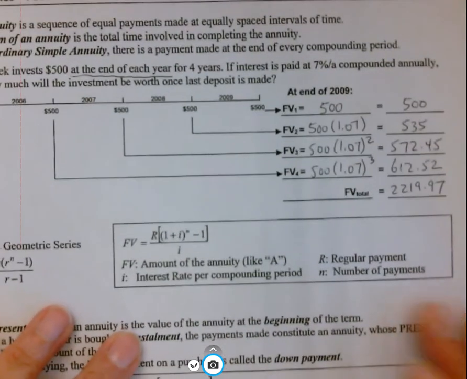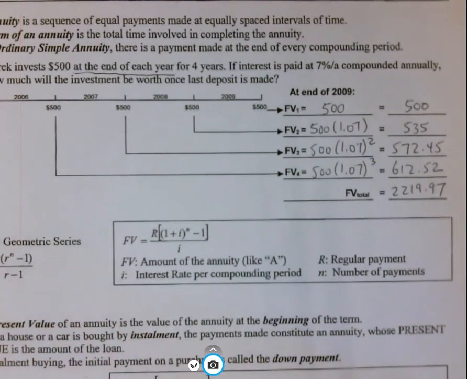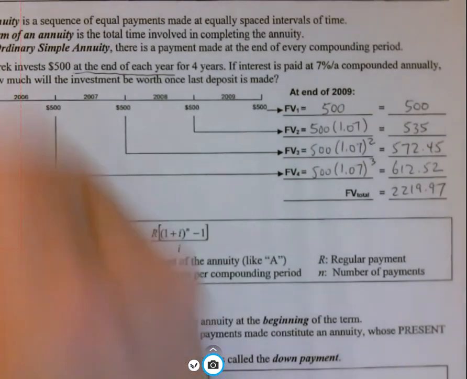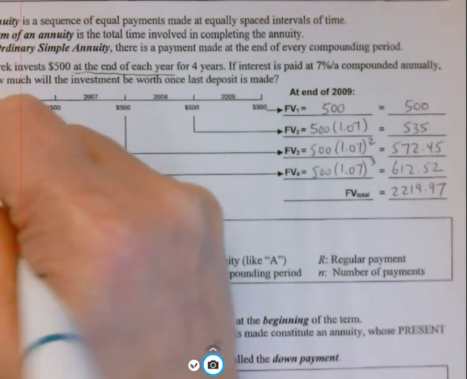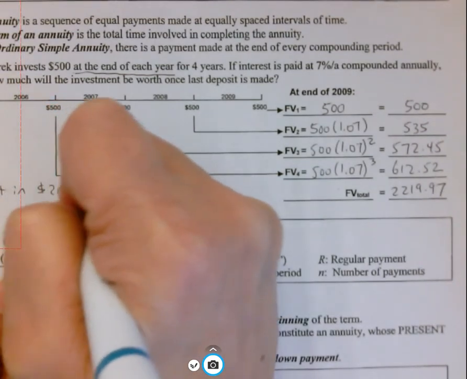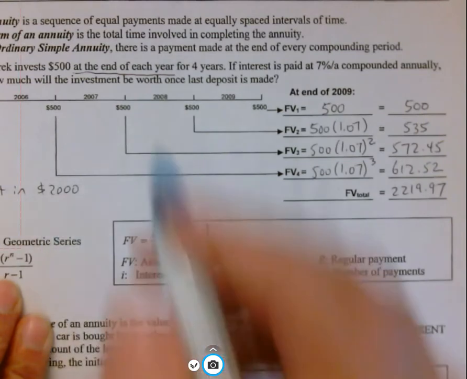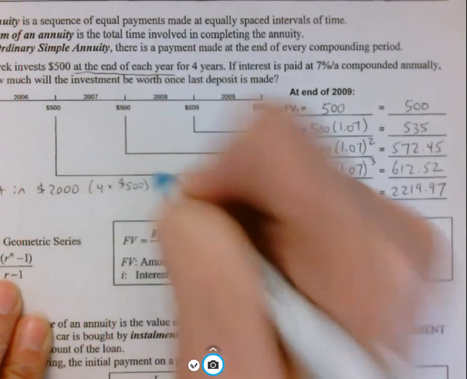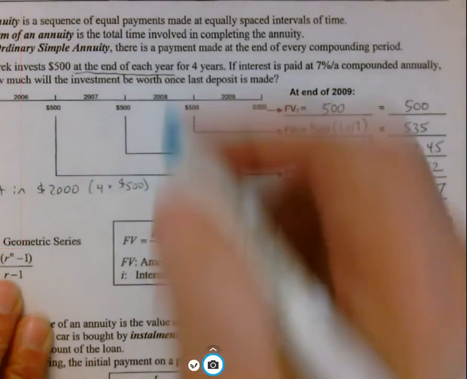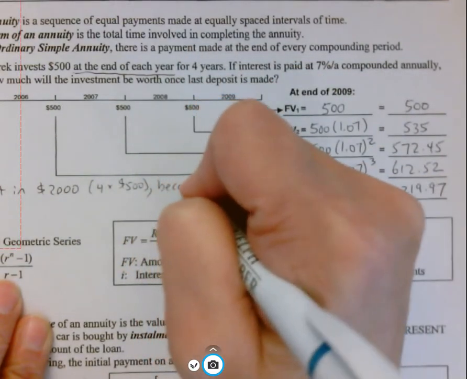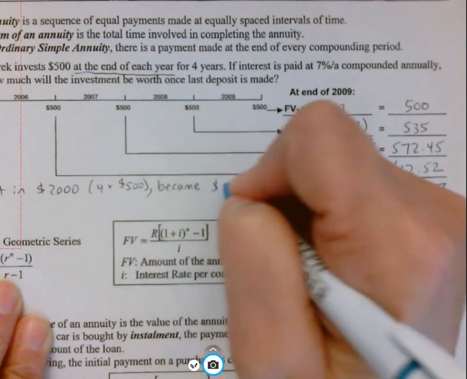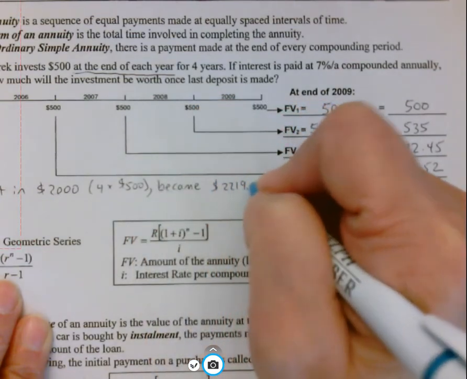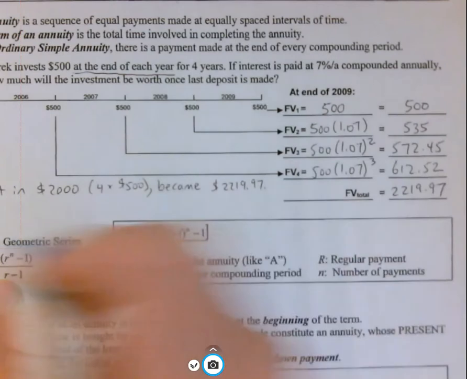Okay, and so now what does that mean? He's put money into the account. Hopefully he's earning interest. So how much interest has he earned? Let's see, he put in $2,000. Why $2,000? Because it's 4 payments of $500. That's how much he put in. The rest has been interest. So it became 2219.97.